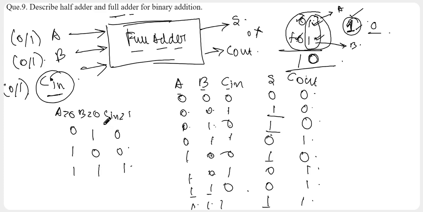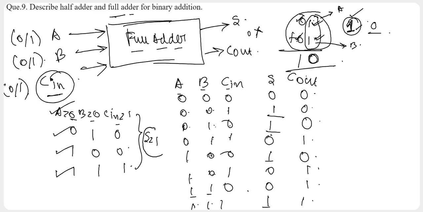So we can see a combination here. S is only becoming 1 when either one bit from A, B, or C is 1. So in the first case, C is 1, in the second case, B is 1, in the third case, A is 1, or all the 3 bits are 1, which is our last case.